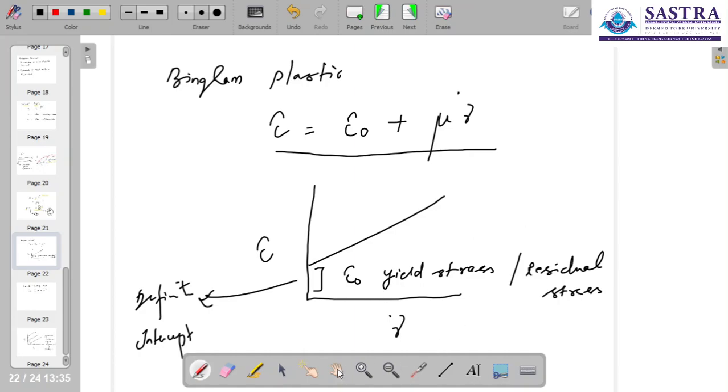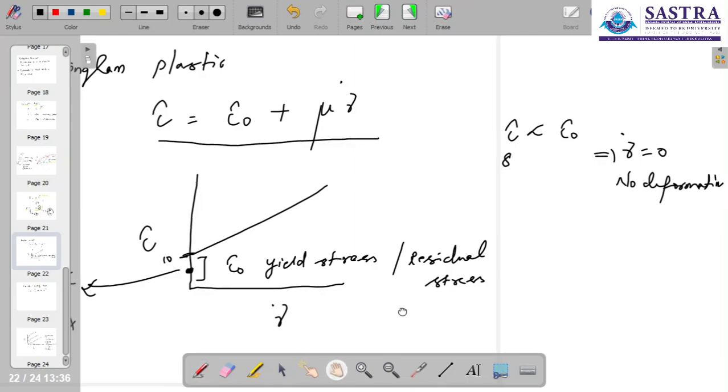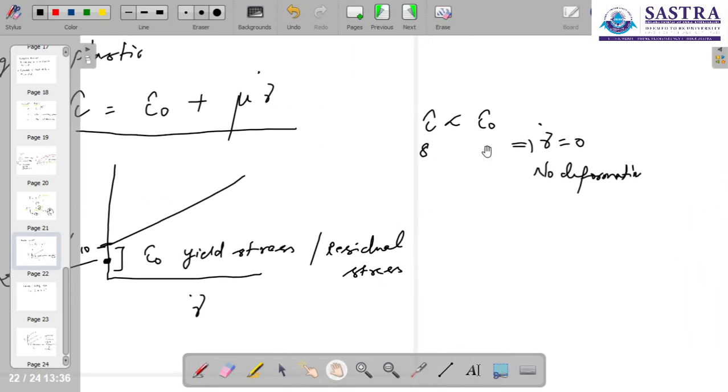As long as your applied shear stress, suppose let us say that the yield stress is a value of 10 pascals. If your applied shear stress is less than 10, suppose your applied shear stress is 8, that means the point comes here, and you can see that the gamma dot is 0, so there is no deformation. So if your applied shear stress is less than the yield stress, you don't see any deformation, you don't see any response.